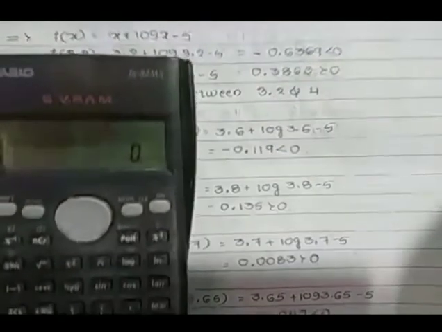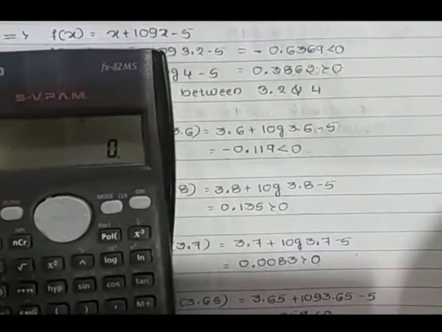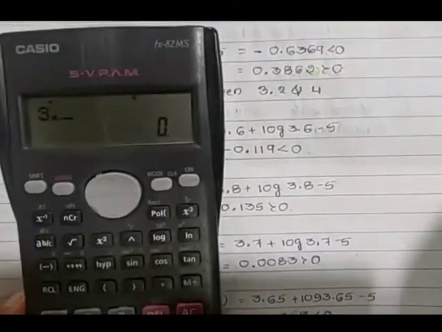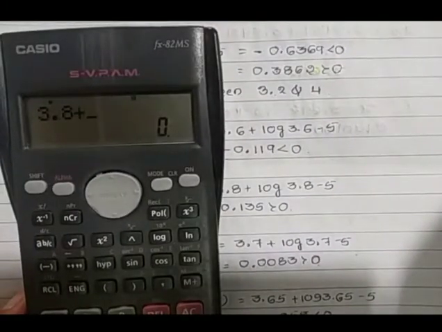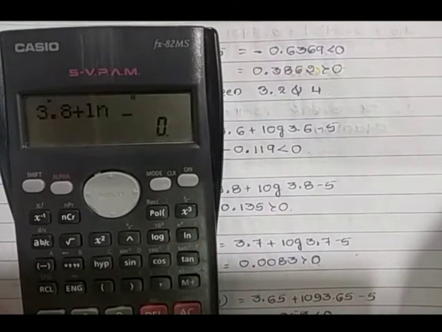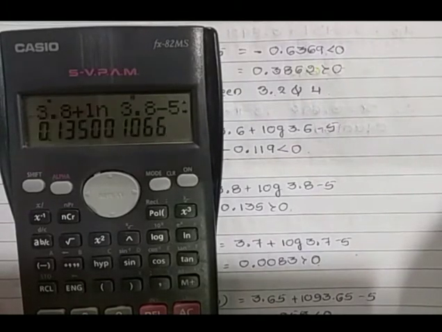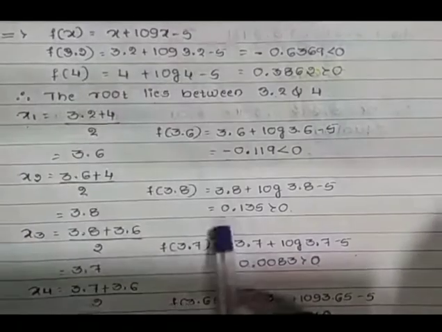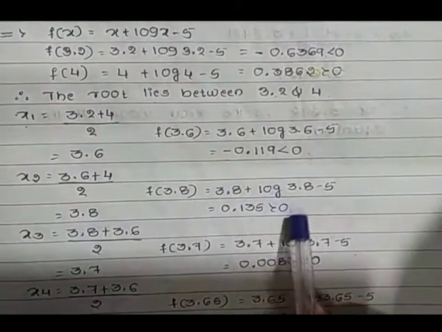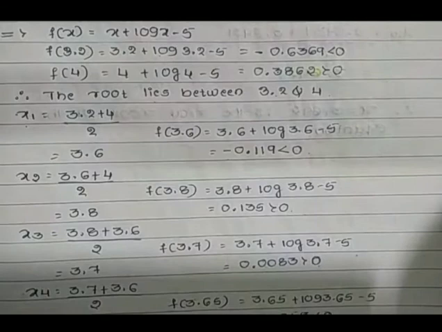So we are simplifying f of 3.8. 3.8 plus log of 3.8, where log means ln, ln 3.8 minus 5, which is equal to 0.1350. You can write 0.135, positive, therefore greater than 0. So here the x2 answer is 3.8.